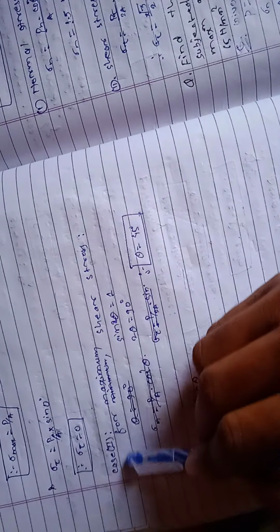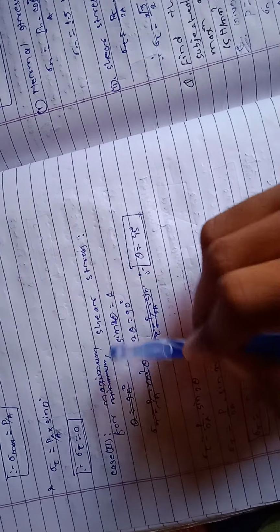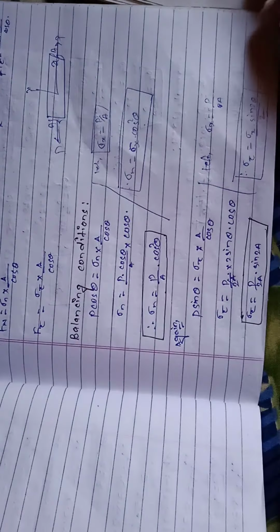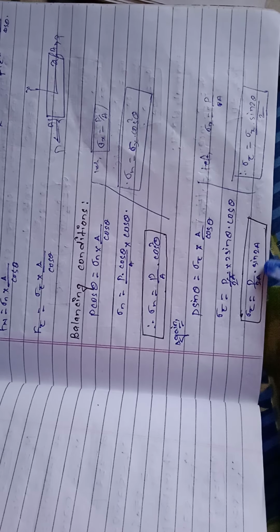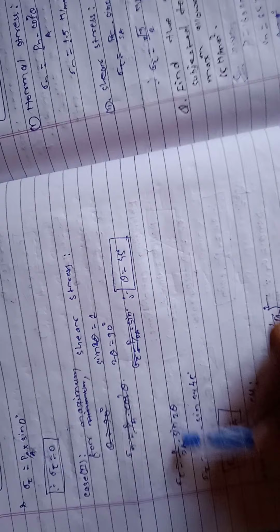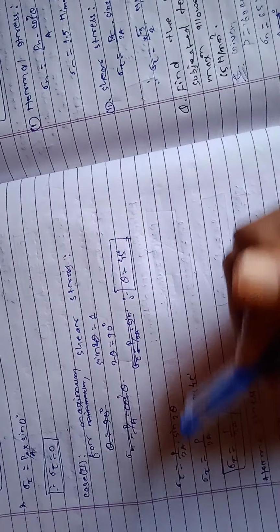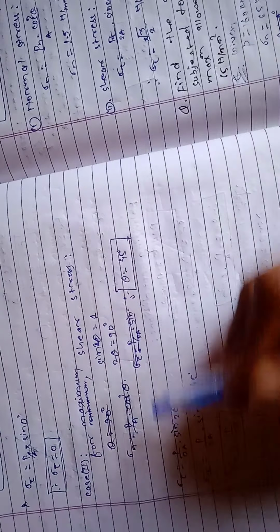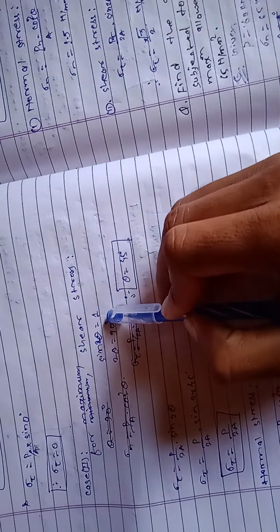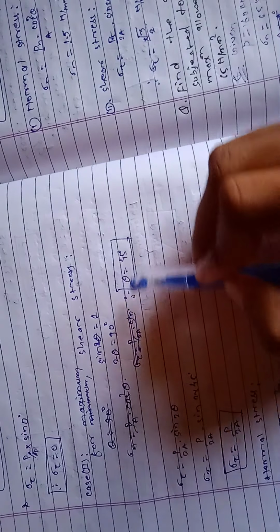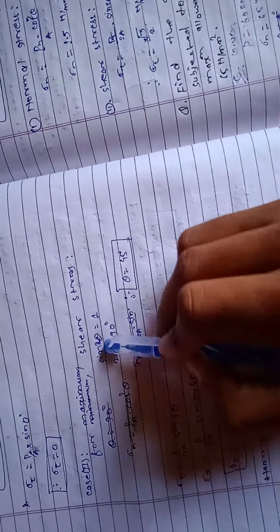Now the second case, for maximum shear stress. In this formula there is sin theta. The maximum and minimum values of sin theta are 1 and 0, similar to cos theta. So taking 1 as the maximum value, we get theta as 45 degrees, because there is sin 2 theta.